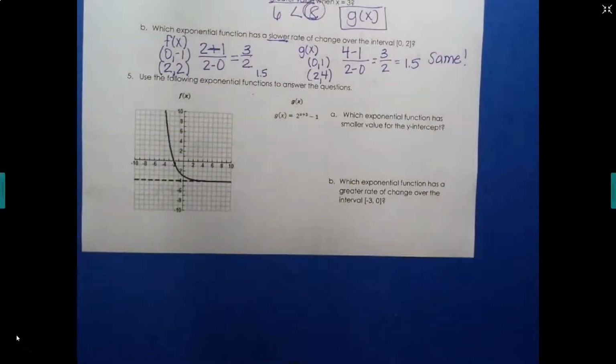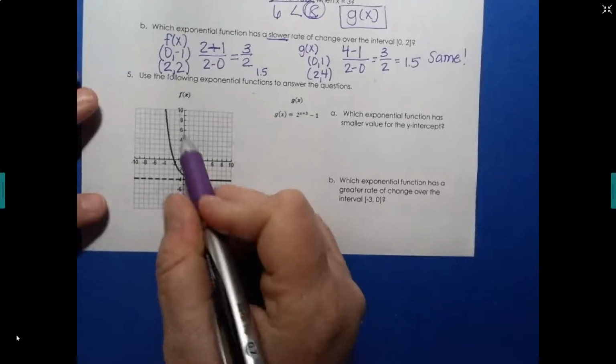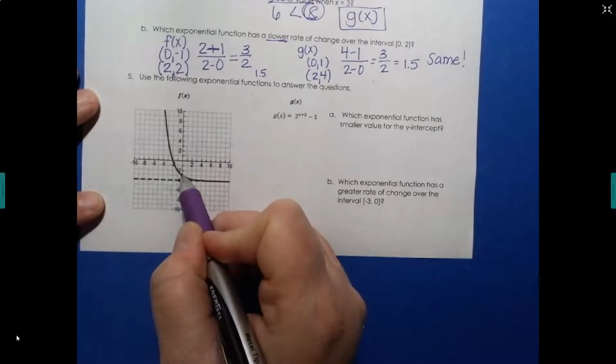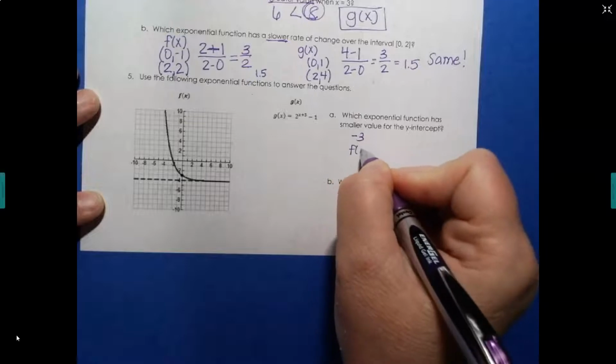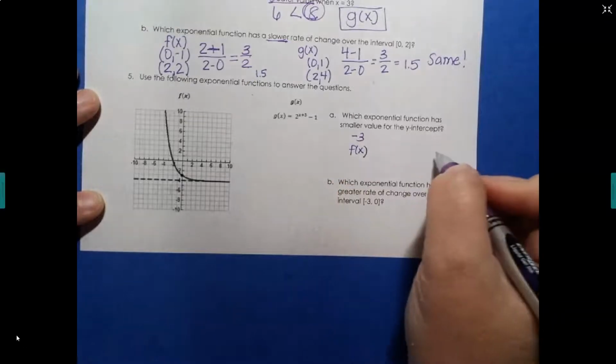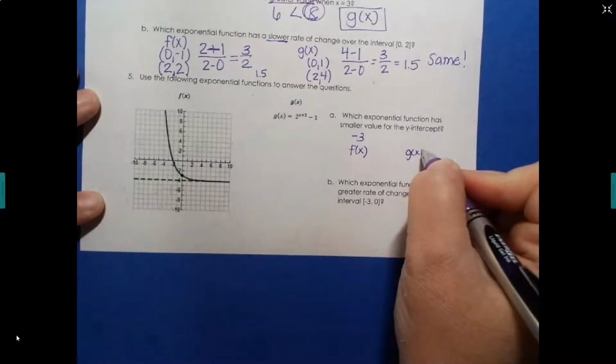All right. And our last example. Which exponential function has the smaller value for the y-intercept? So the y-intercept, I have the graph. That's nice. I can see it right away. The y-intercept here is -3 for the f of x. For g of x, I'm going to have to plug in.